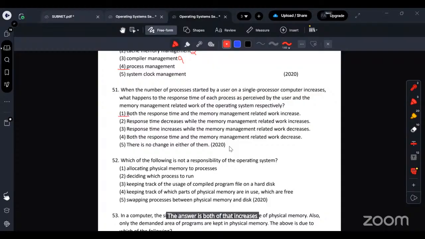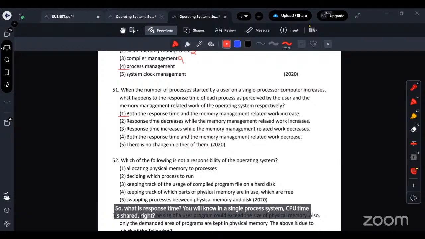Was that part clear? So what is response time? You all know. In a single processor system, CPU time is shared, right?